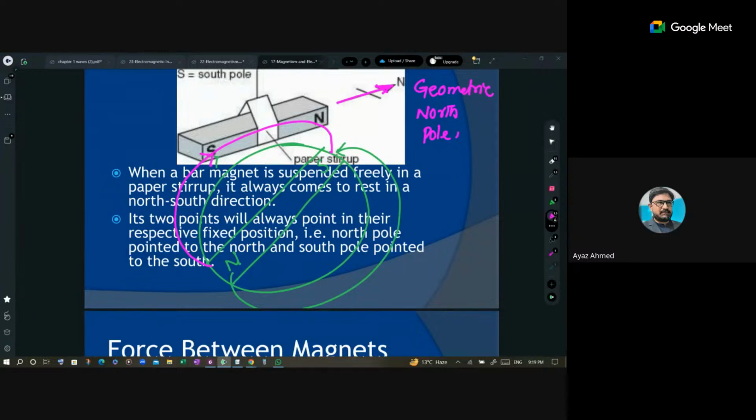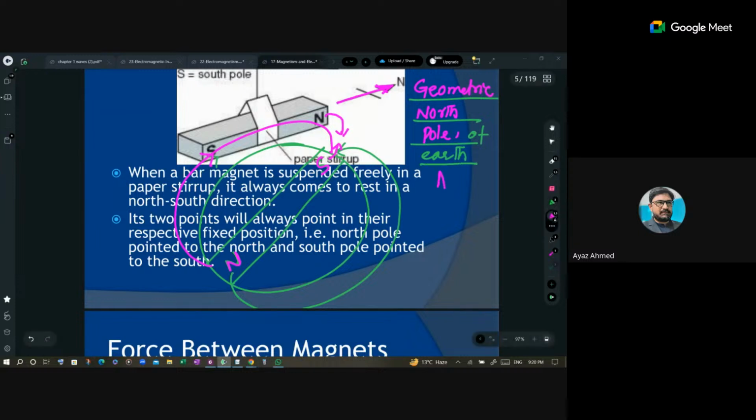So actually what happens, one pole of the earth is south and one is north. This is the magnetic pole, right? So when you suspend a magnet on the earth, the north of the magnet is attracted towards the south of the earth. That's why the side where your magnet is pointing its north is called the geographic north pole of earth, because all geography is based on the direction of this pole.